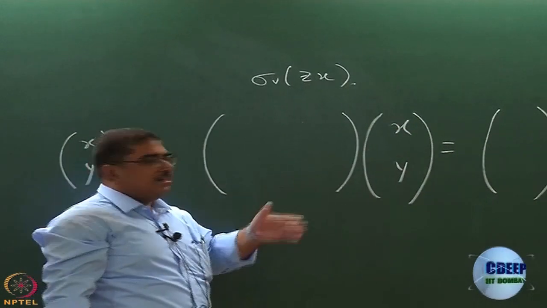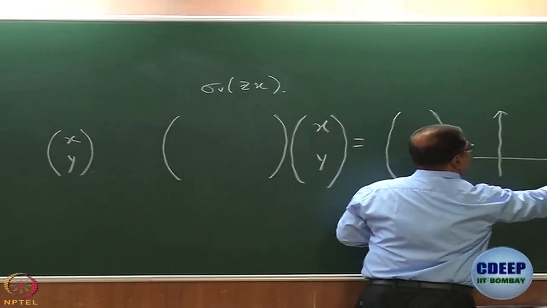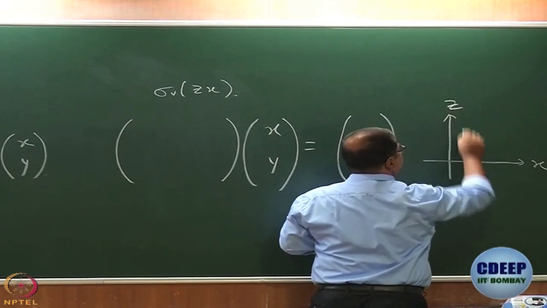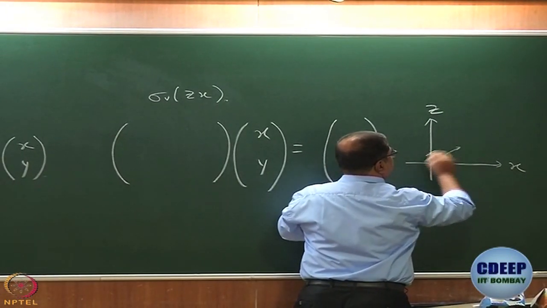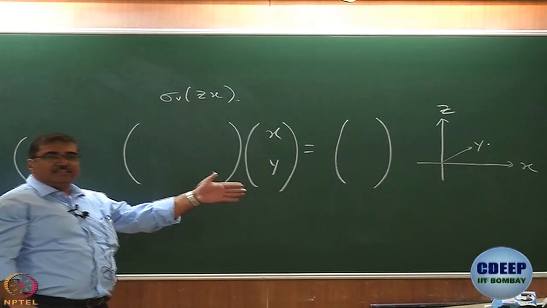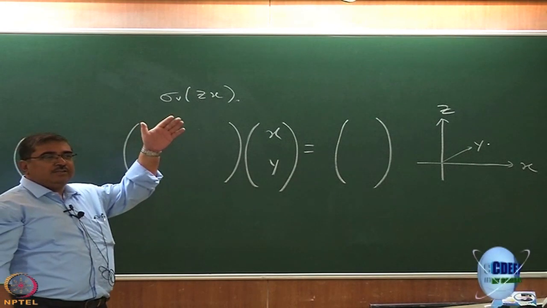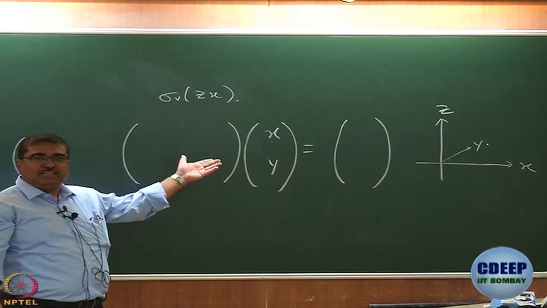Zx, maybe I will draw it. This is x, this is y. What happens when I apply sigma zx to on zx? Does it change? So, it remains x, right?